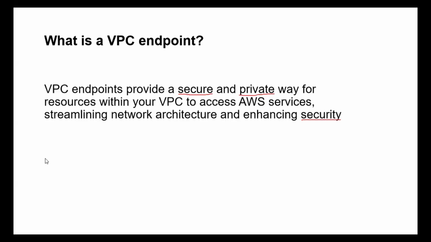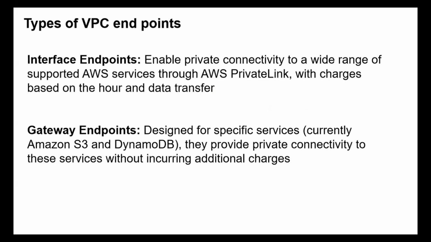Now, what are the two types of VPC endpoints? So we have interface endpoint and there is a gateway endpoint. So what is an interface endpoint? Interface endpoints enable private connectivity to a wide range of supported AWS services through the private link, and the charges will be typically based on the amount of data getting transferred via the interface endpoint, and also there is an hourly charge.